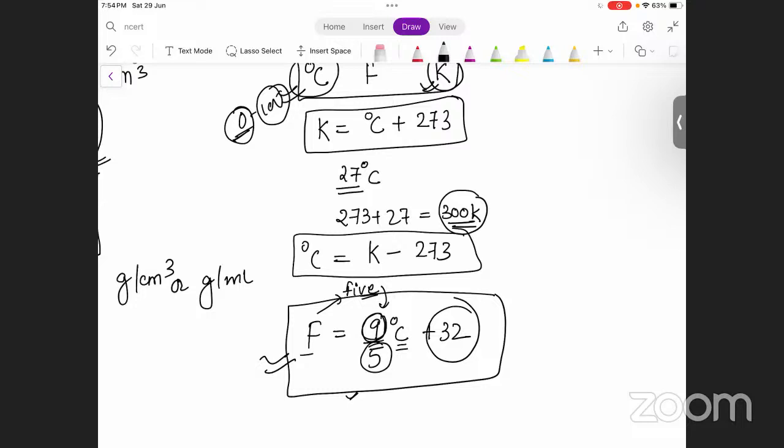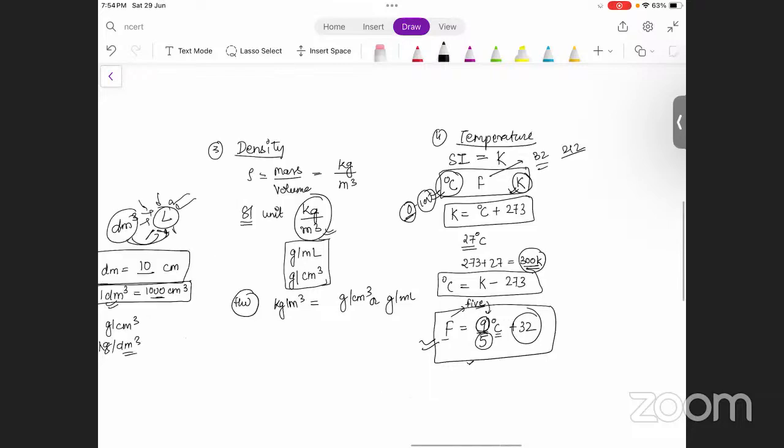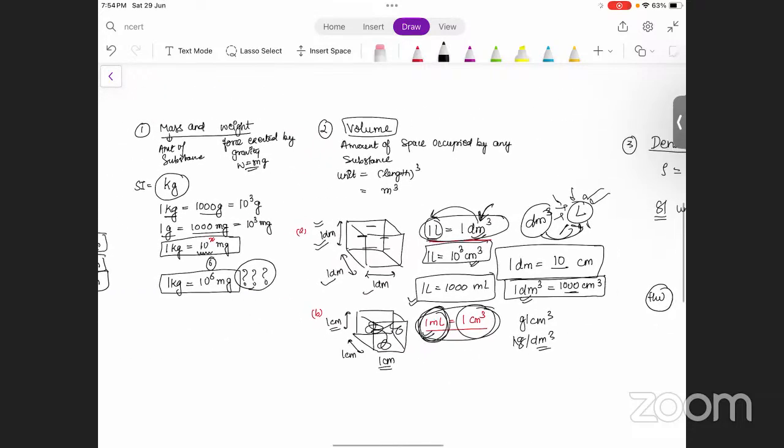Here in these classes, I am telling you from the perspective of what is important from the exam point of view, or where you will be getting the numericals. So these are some of the physical quantities which we will be measuring, and these are important for us to know.